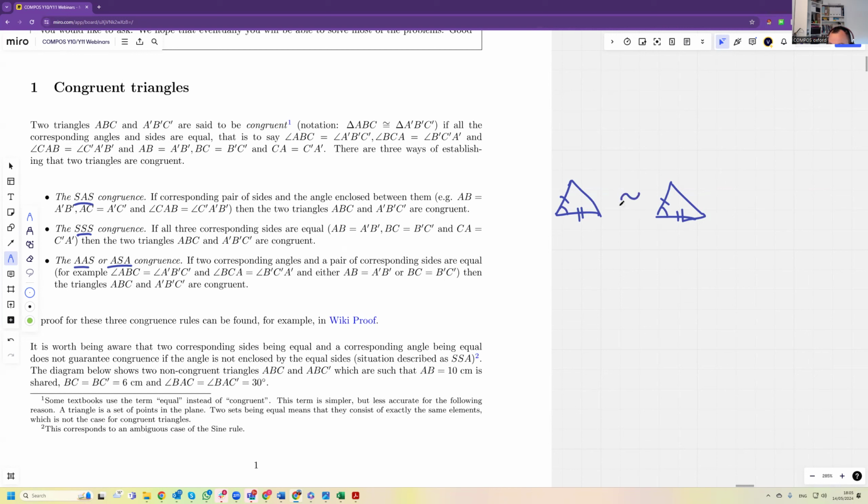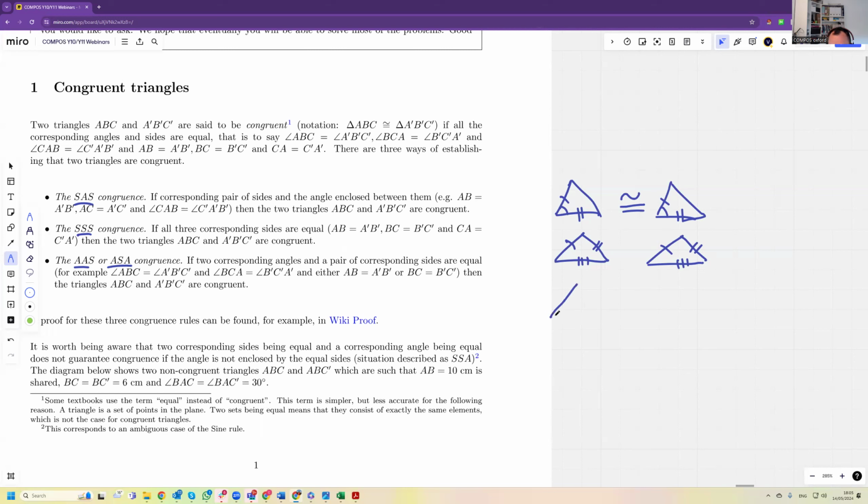Okay. The SSS congruence, if you have three sides of one triangle equal to three sides of another triangle. So if this side is equal to this side, and this side is equal to this side, then the triangles are congruent.